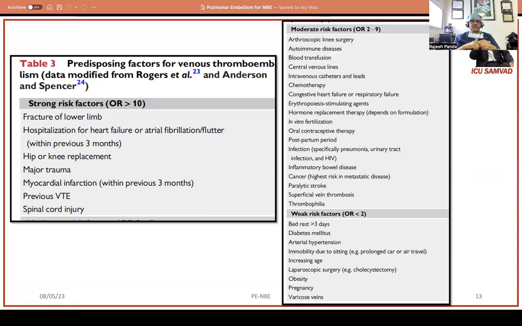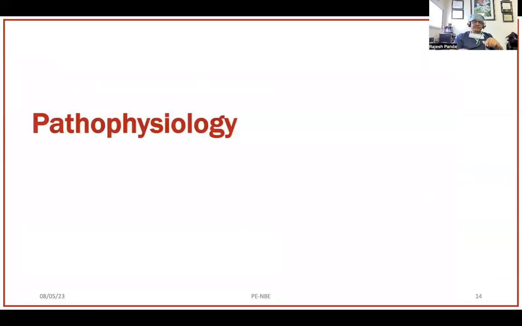Moderate risk factors will include presence of central lines, other catheters, chemotherapy, erythropoietin stimulating agents, hormone replacement therapy, IVF patients, oral contraceptives, etc. And weak risk factors would be diabetes, hypertension, increasing age, laparoscopic surgery, obesity, varicose veins, etc.